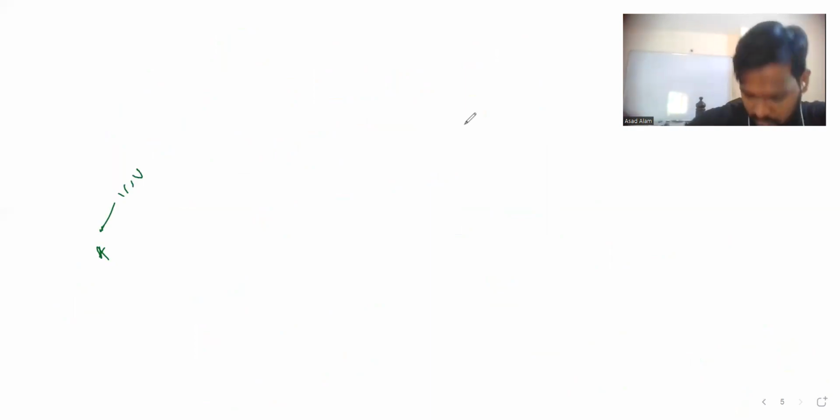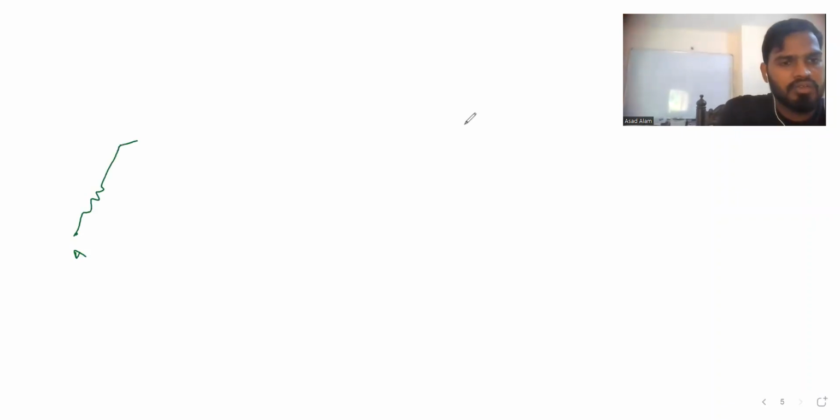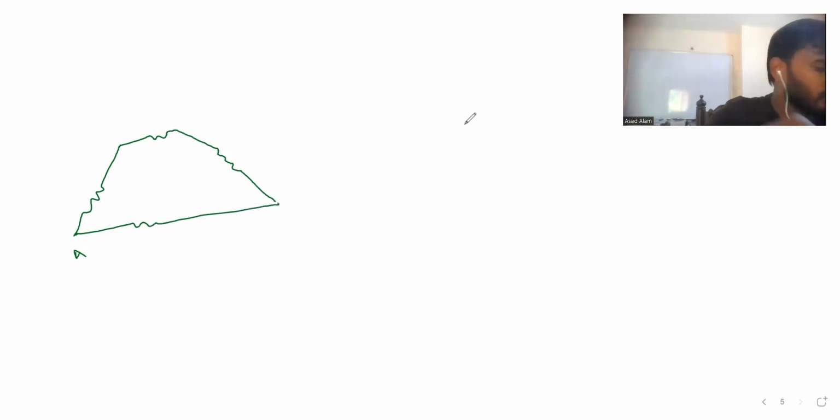No, my pen is, this is my pen. Sometimes it creates a little problem. Yes. Then here. Again, the same thing. What I'll do now, it will be easy for me to draw this way.